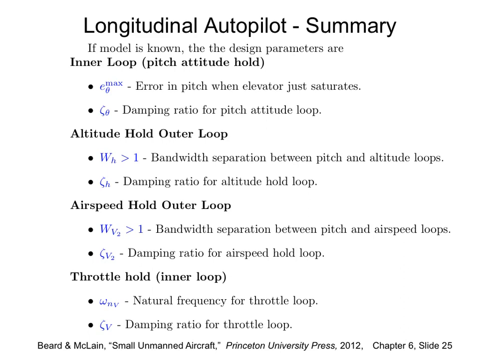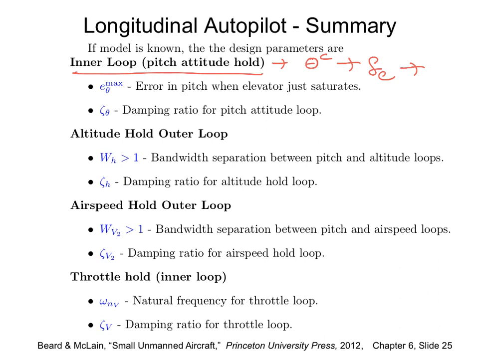Again, this is the summary of the longitudinal autopilot. Basically, we have the inner loop, which is always called. The input is theta c, which is what you want to control, and the output is the delta elevator, which you feed directly to the forces and moments.